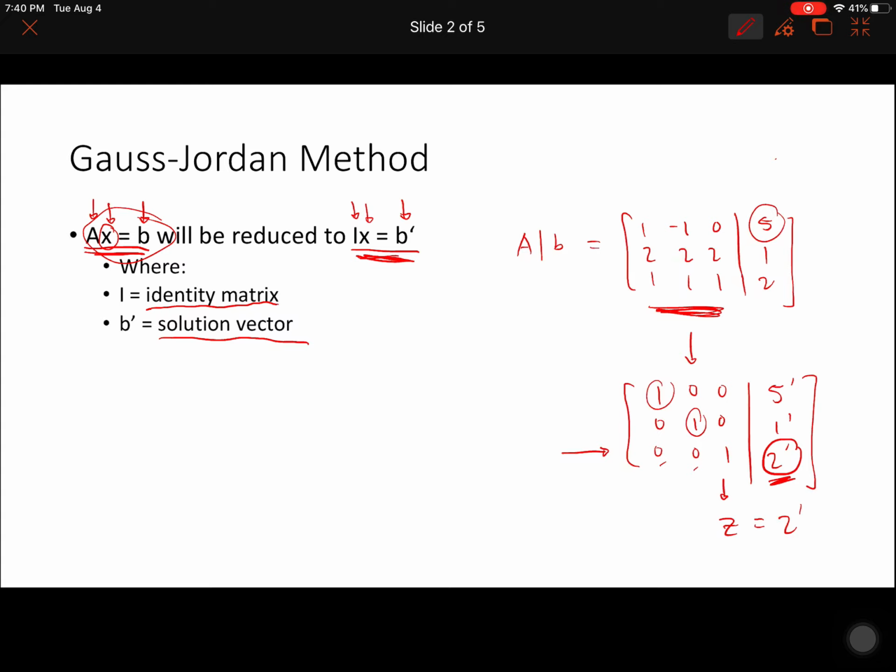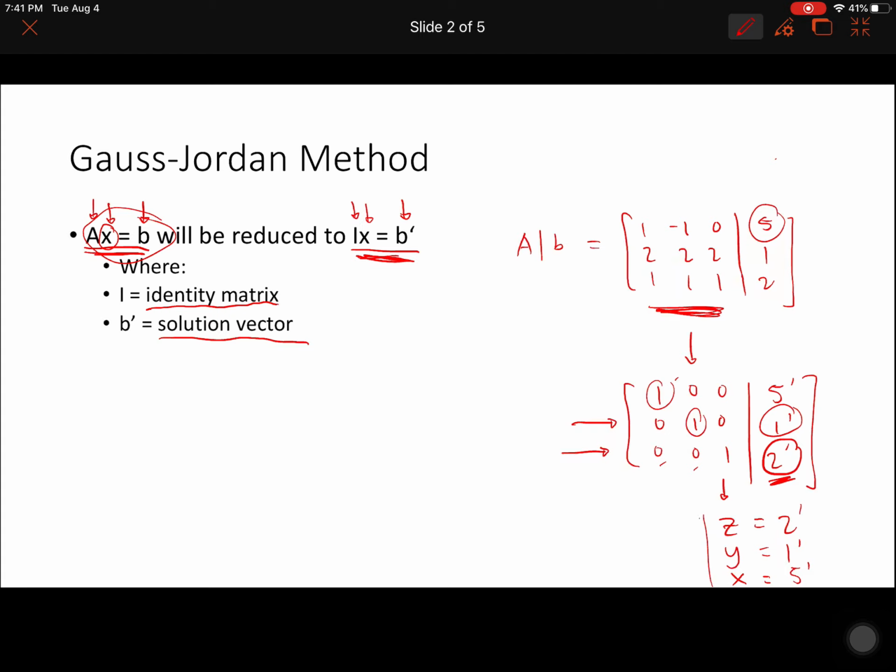Okay? Next, for the second row, we only have the variable y. Di ba kay 0 man ang x and z. Or ma-cancel out kay 0, i-multiply siya sa 0. Then kung unsa ang nadira, mao na tong ibutang dira. Then of course, x is just equal to 5 apostrophe.